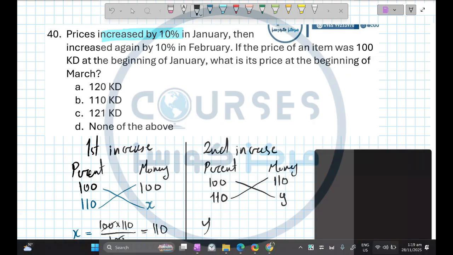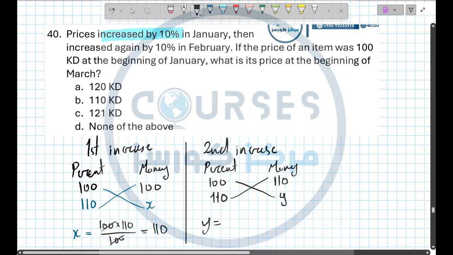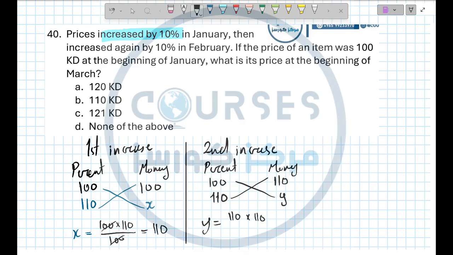Cross multiply, so y equals 110 times 110 divided by 100. Two zeros will cancel with two zeros, so we end with 11 times 11, which is 121.